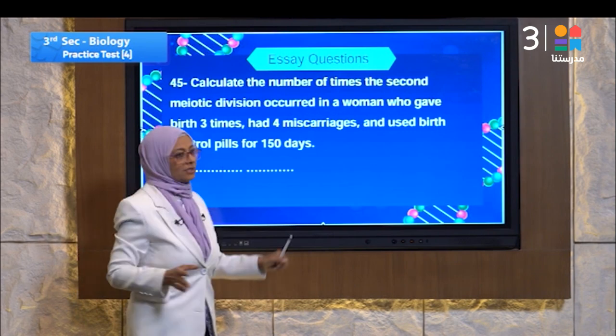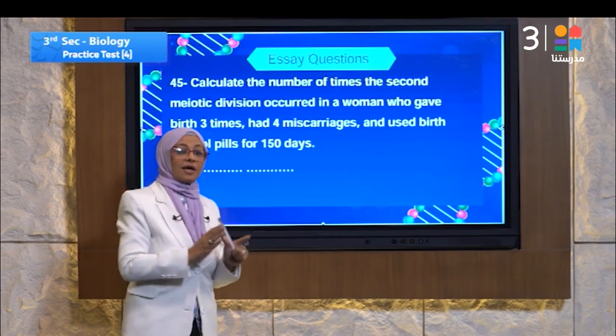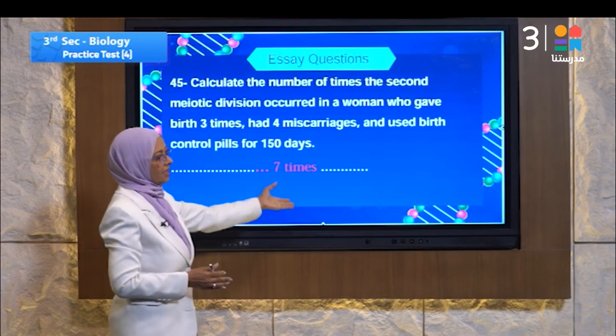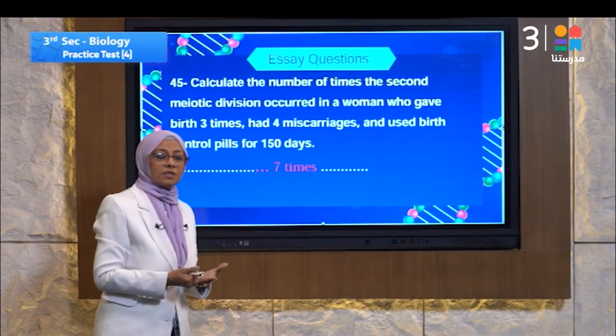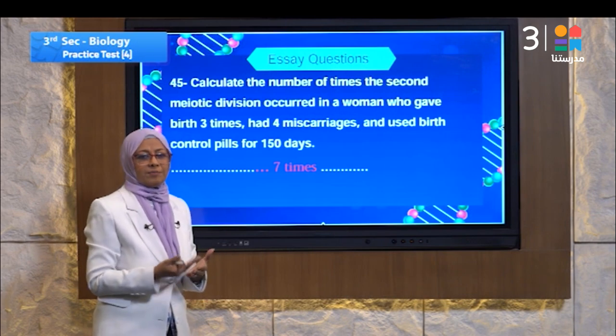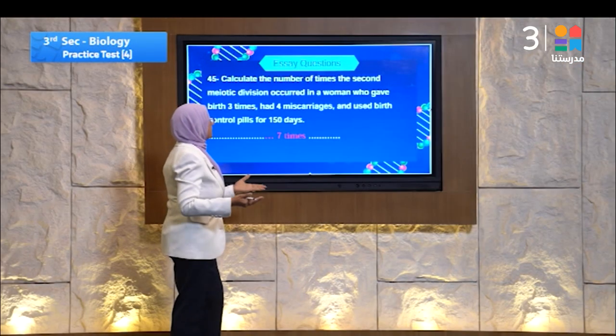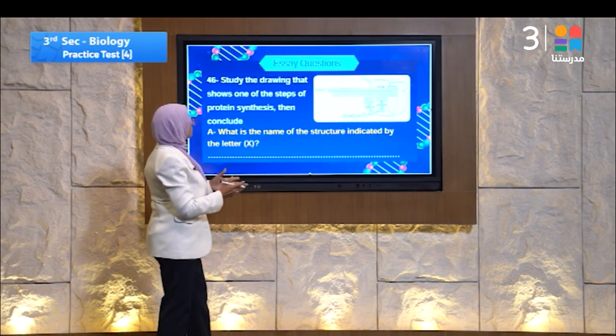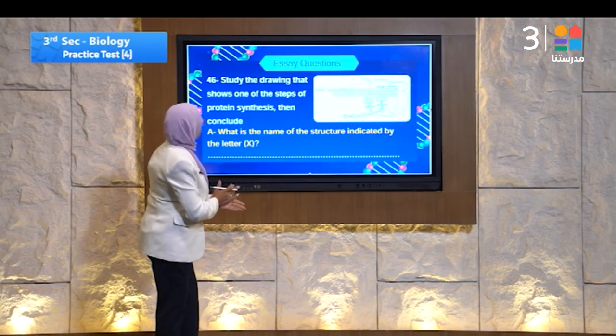So we calculate to what? To 7. How many times? 7. The answer, 7 times. Why? Because they make a fetus. They make an embryo, even if they miscarry. Okay? Let's go to question number 46.